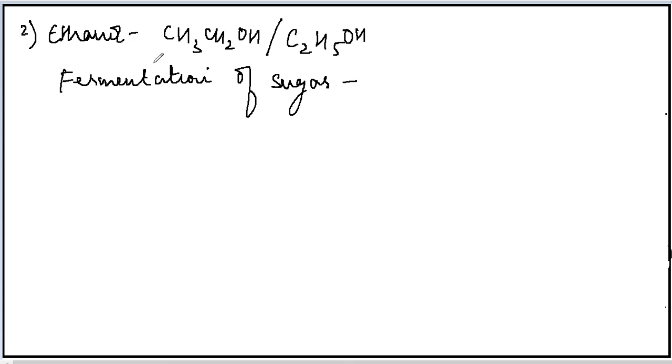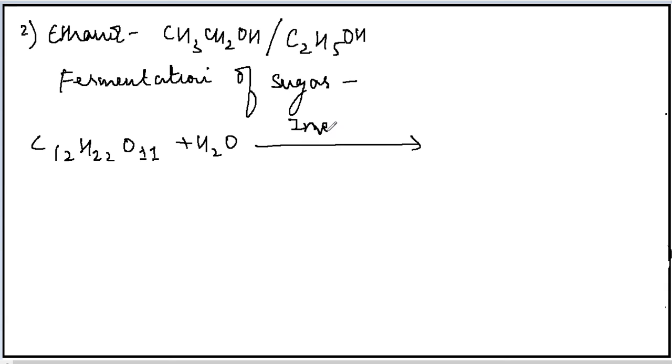So look at the reactions involved in this method. This fermentation of sugar is carried out by the enzyme invertase. This is the sugar that is extracted from some fruits or sugar cane.